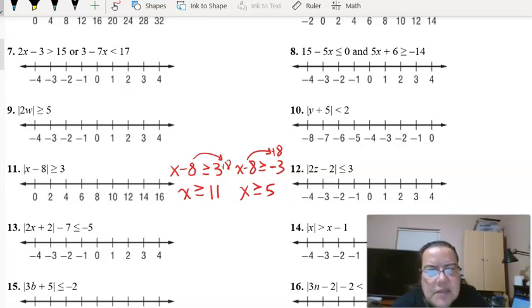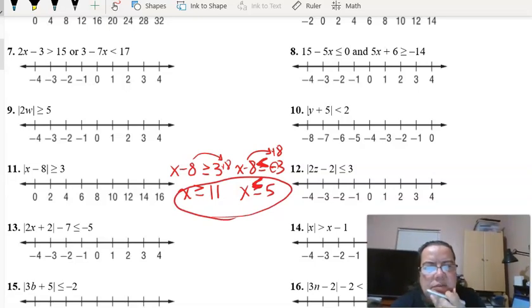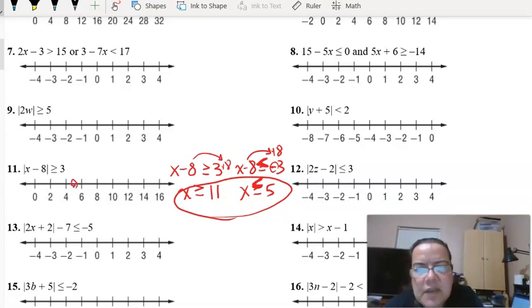Whoops, but I just realized there's something you got to remember to do here. Whenever you're dealing with the absolute value, because I changed to that negative, this symbol should have come this way. So there we go. So just make that fix. And so these are the two numbers that I'm dealing with. And so therefore, I need to find the 5, which is about here. And I need to find the 11, which is about there.